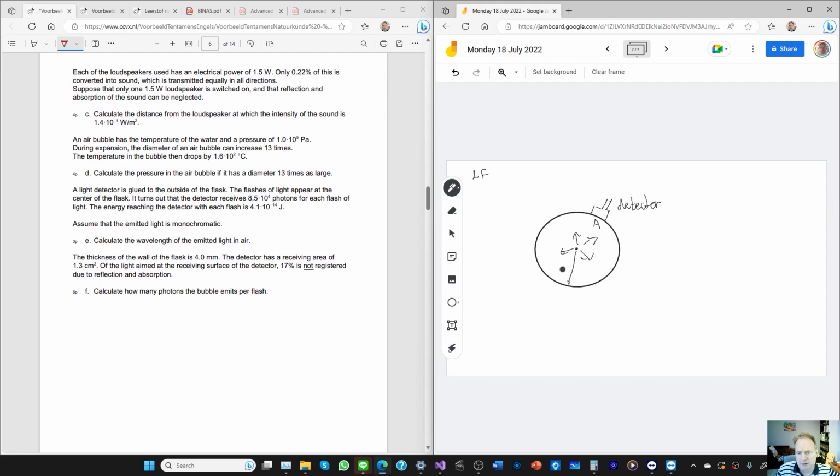So we have a radius r here, given by how far the detector is from the bubble.